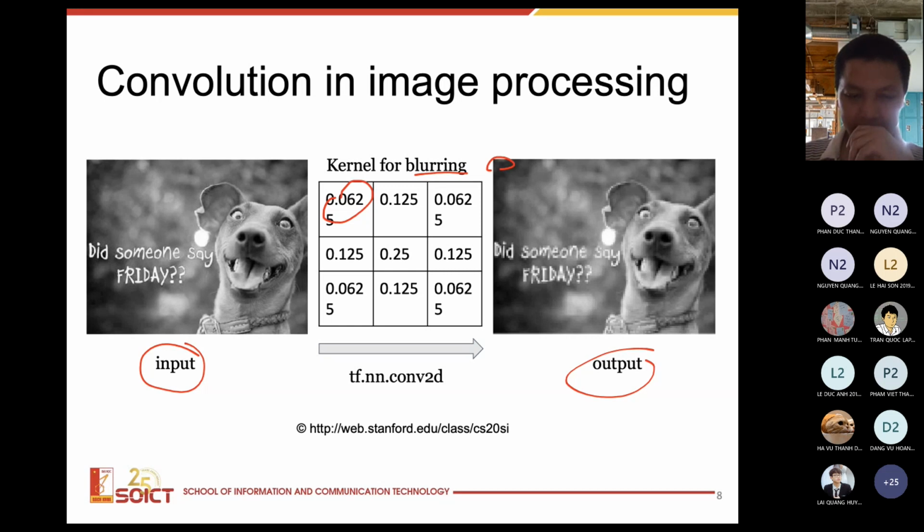And here you might see that every neighborhood in the input image will be multiplied with the kernel, and then we produce the output, which is like the weighted average of the input, right? And that's why we can produce the blur image.